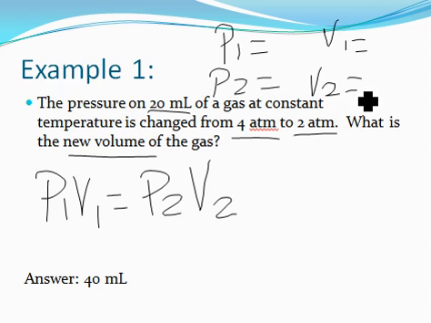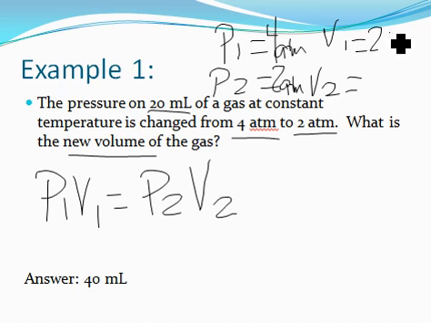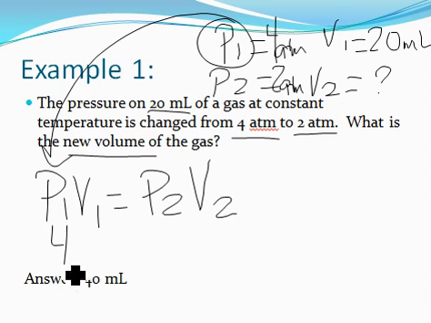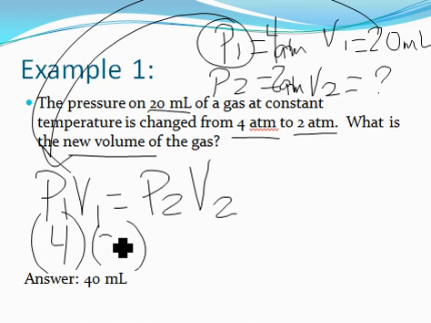So the pressure is initially at 4 atmospheres, and it goes to 2 atmospheres. The volume is initially 20 milliliters, and we want to know what's the new volume. And then we're just going to take these values and plug them into the equation. So P1 is 4. We'll leave the units out for now. V1 is 20. P2 is 2. And V2 is our x.